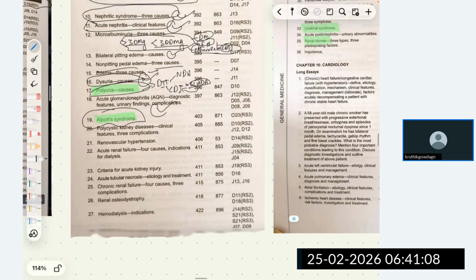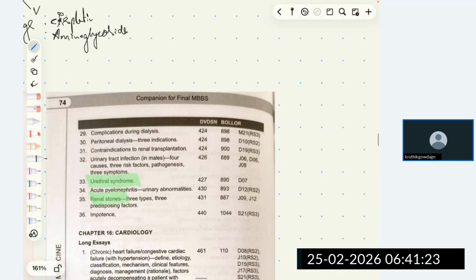And then polycystic kidney disease already discussed, renovascular discussed, acute renal failure discussed, criteria discussed, acute tubular necrosis discussed, CKD discussed, renal osteodystrophy discussed, hemodialysis indications discussed, complications during dialysis discussed, peritoneal dialysis discussed, contraindication of renal transplantation.